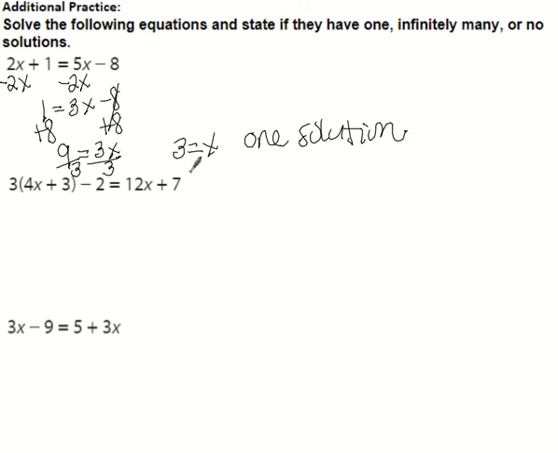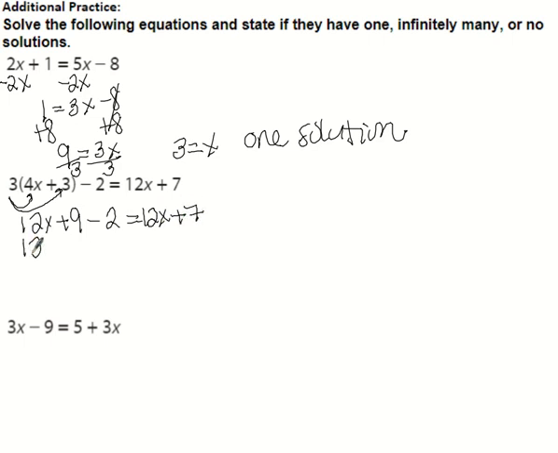All right, again, maybe pause, try this one, and see how it goes. All right, we are going to distribute first. We get 12x plus 9 minus 2 equals 12x plus 7.